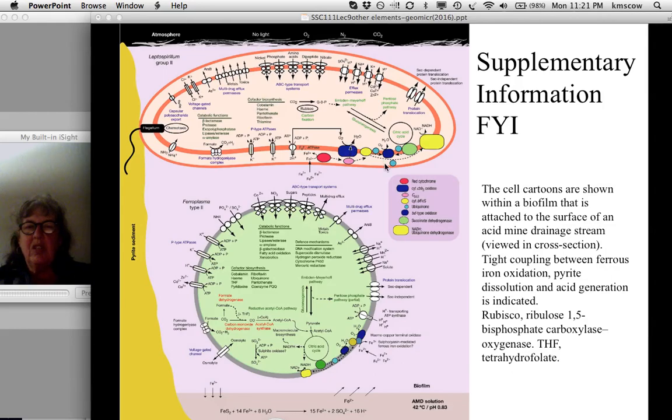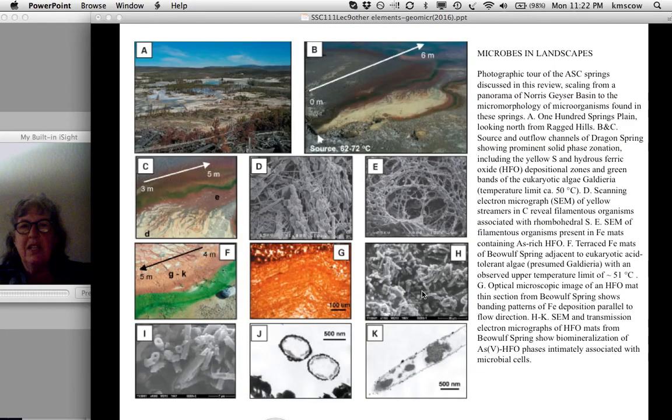Here's the whole genome for the mine site, the whole genome for that acid mine drainage site that I talked about before, where they were able to identify all the enzymes that were present in just a small group of organisms living there. So it's a kind of cool paper. Check it out.